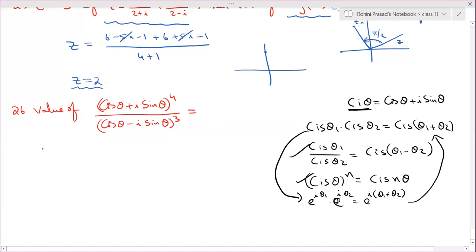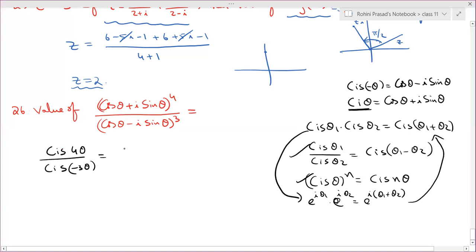Now, using those properties, you can write this as cis theta whole power 4 is cis 4 theta using De Moivre's theorem. And the denominator is cis of minus 3 theta. This cis of minus theta is nothing but cos theta minus i sin theta. In the middle, if you have minus, then that is cis of minus theta.